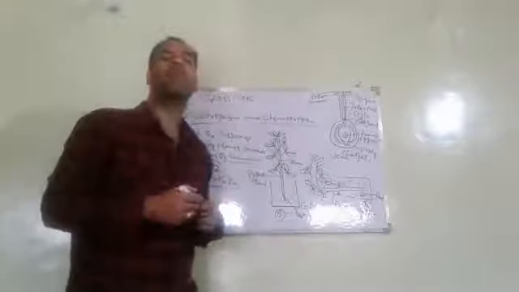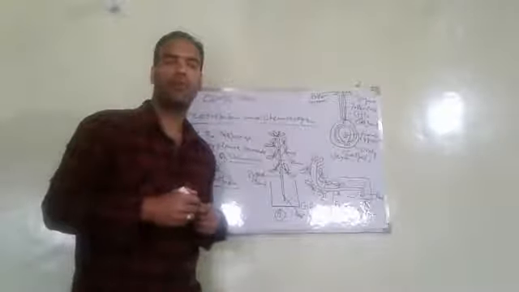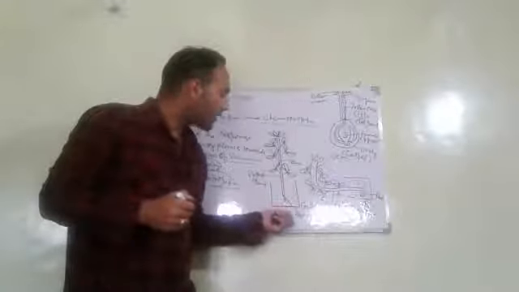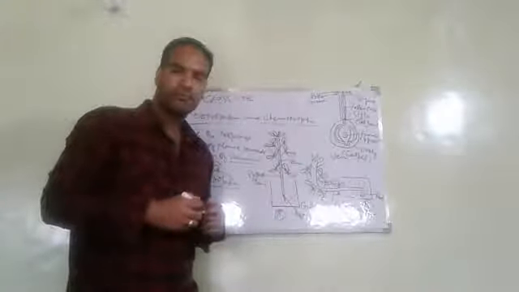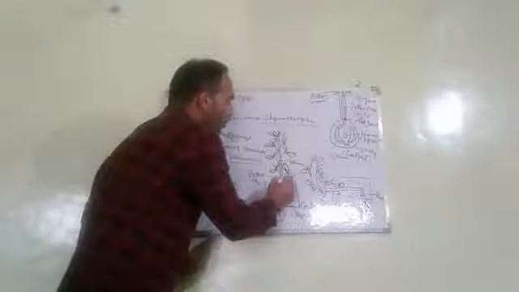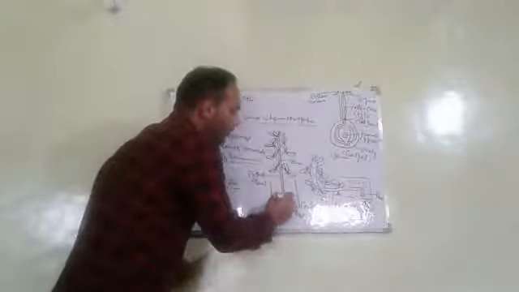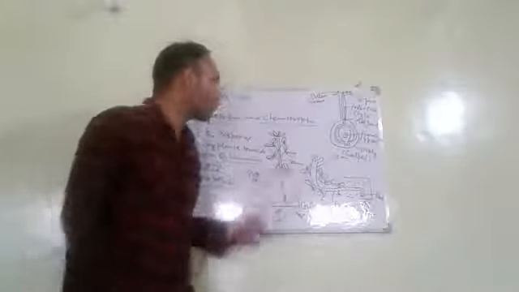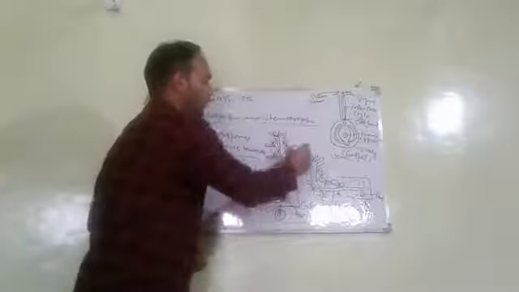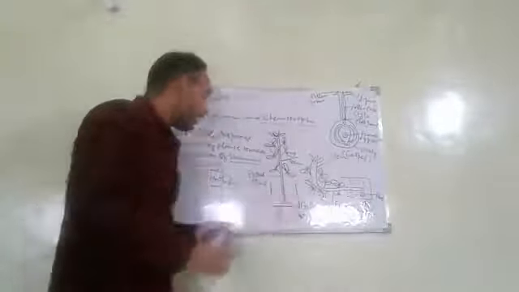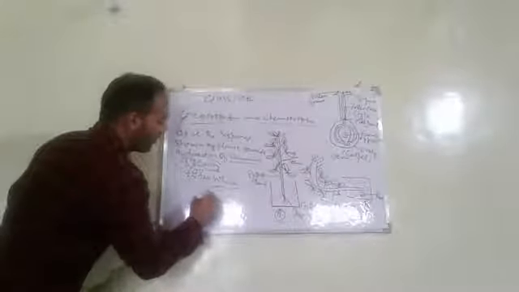After a few days, you observe that the potted plant in glass jar A will grow. The root of this potted plant grows downwards, means it grows straight, and the stem grows upwards. This clearly indicates that roots are positively geotropic.